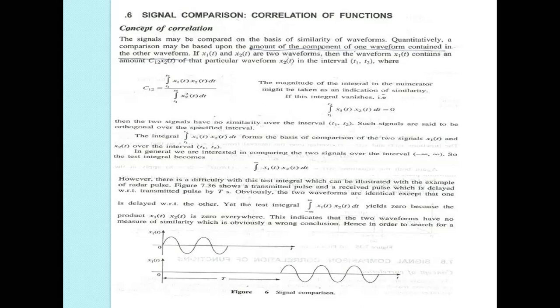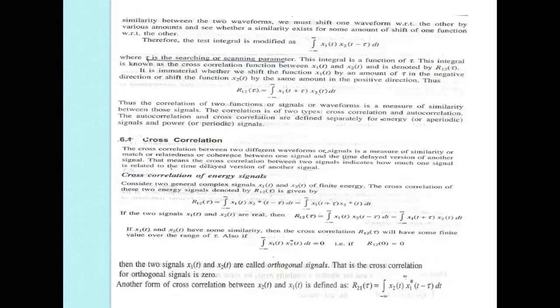So the two waveforms are identical except one is delayed with respect to the other. With that, you can modify the equation as the integral from minus infinity to infinity of x1 of t, x2 of t minus tau dt.